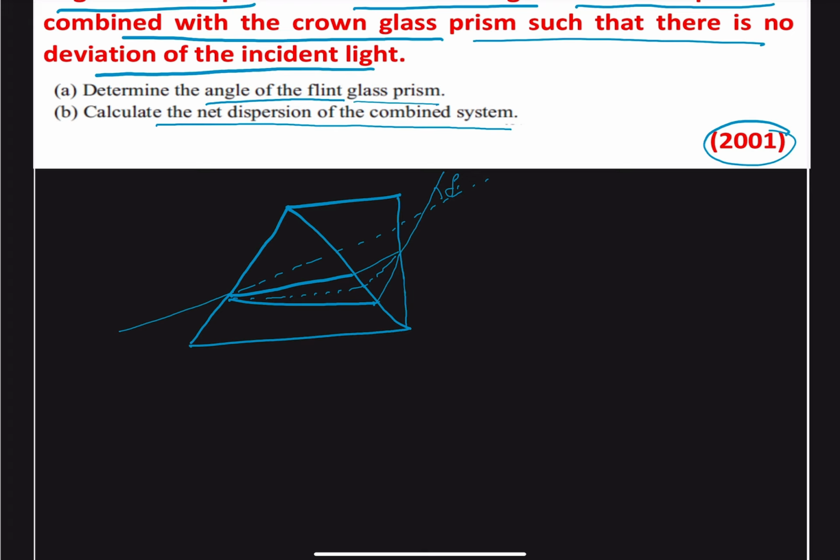The angle of the flint glass is required. So we have this as a crown glass. Let us suppose this angle is A, and this is our flint glass.